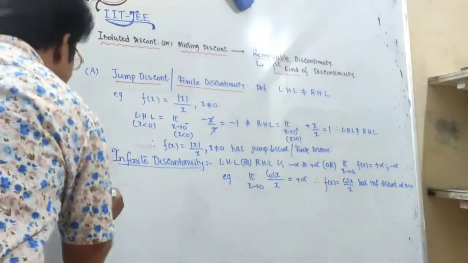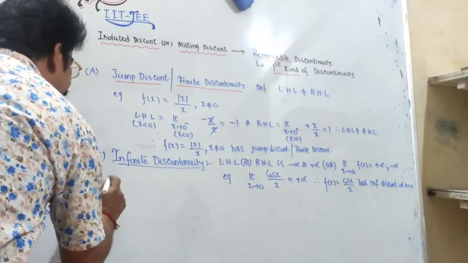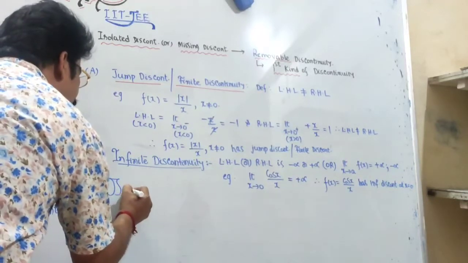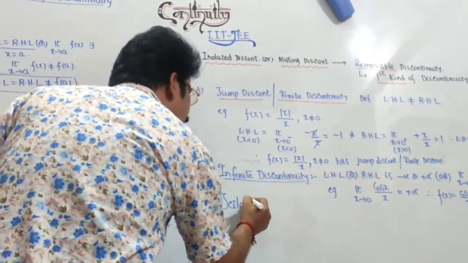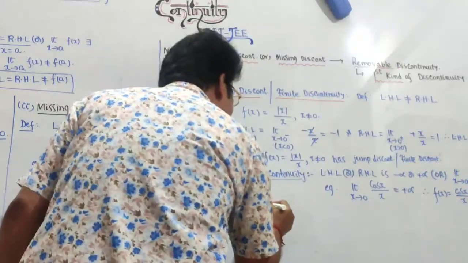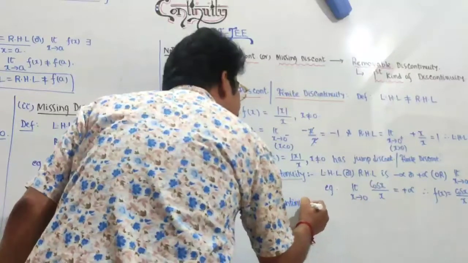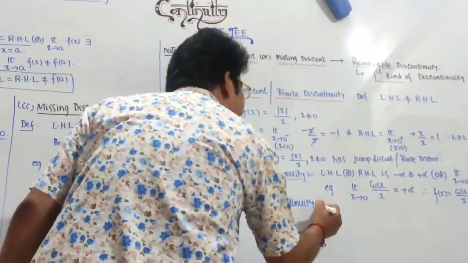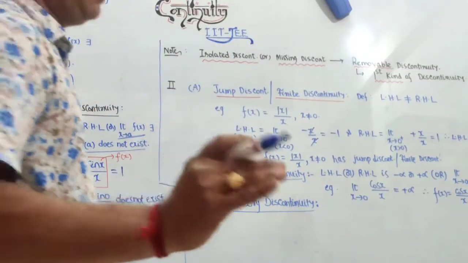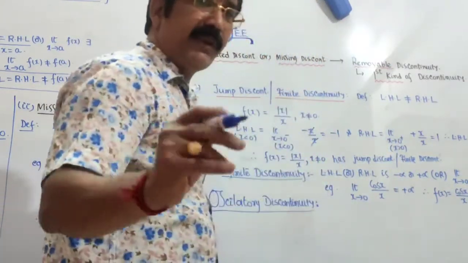Next, number C, the third one: oscillatory discontinuity. Oscillatory discontinuity means what?